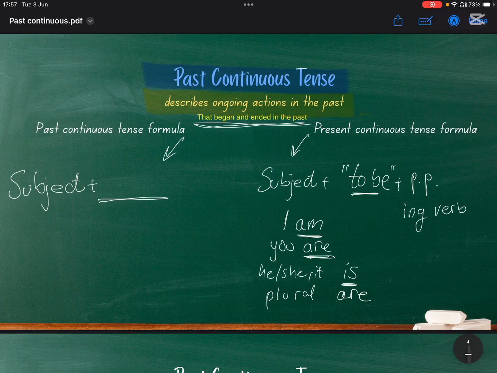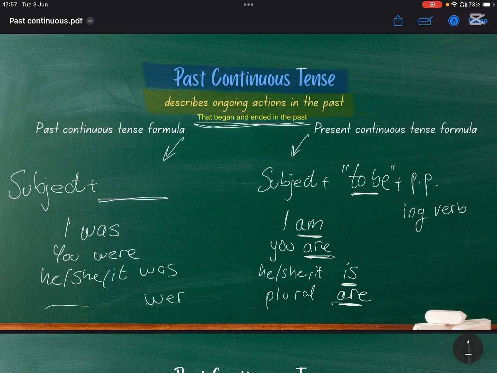Am, are, is. These are the forms of the verb to be in present tense. In the past tense, I was, you were, he, she, it was, and for plural, were. So here we only have two forms, was and were.